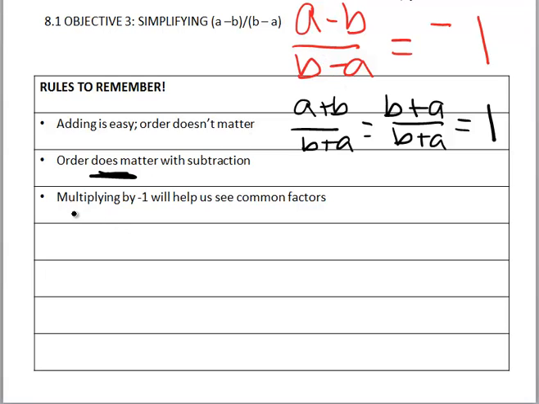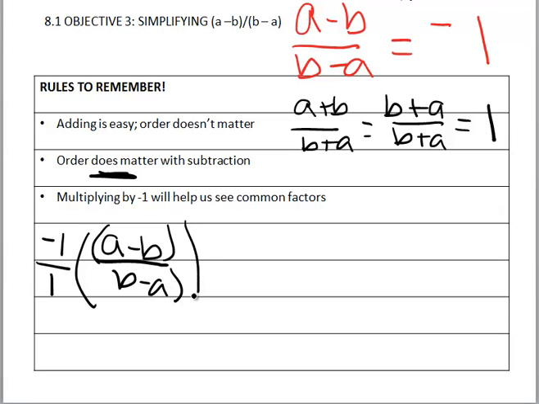But if I have a situation like this and I multiply it by -1, which we can write as that, let's see what happens. -1 times the top will be -a, a negative times a negative is a positive, okay?